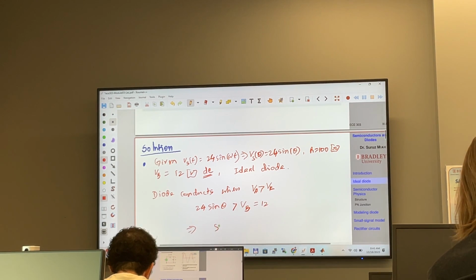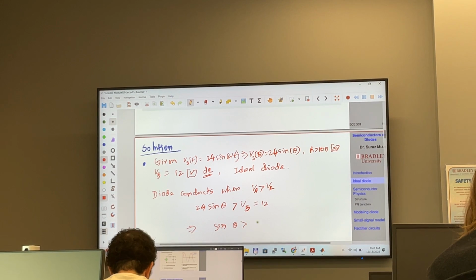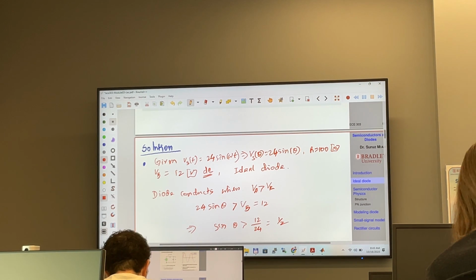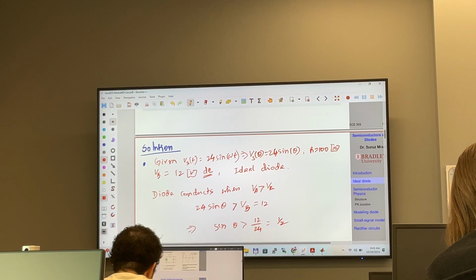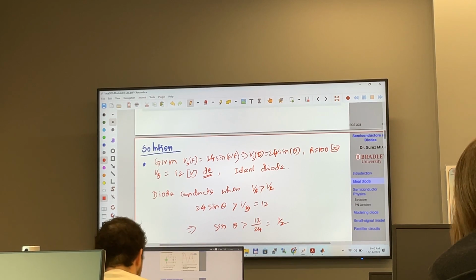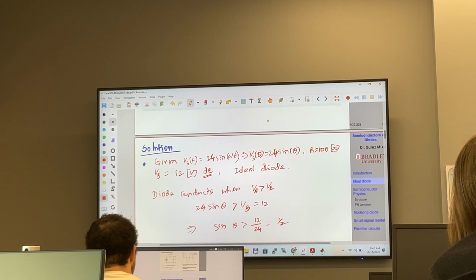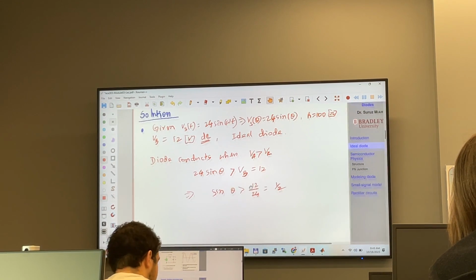So in other words, sine theta has to be greater than 12 over 24, which is a half. Now, sine of what angle gives half? Sine 30 degree is half.